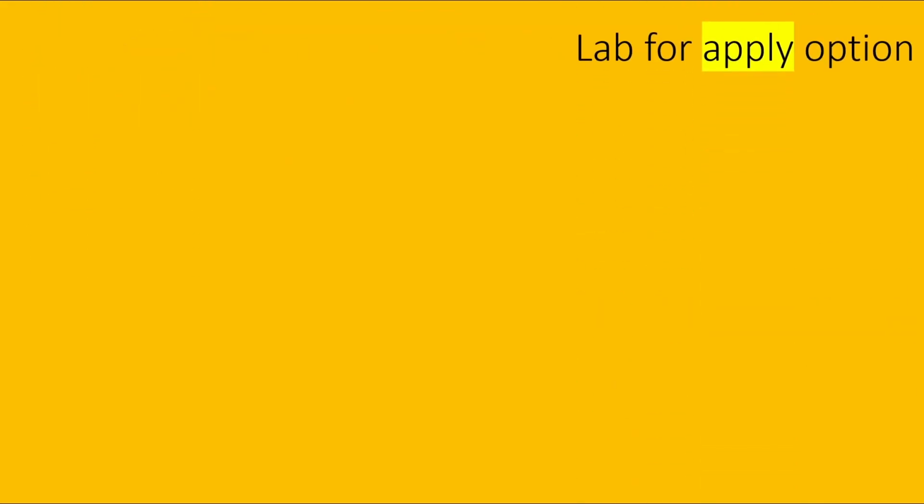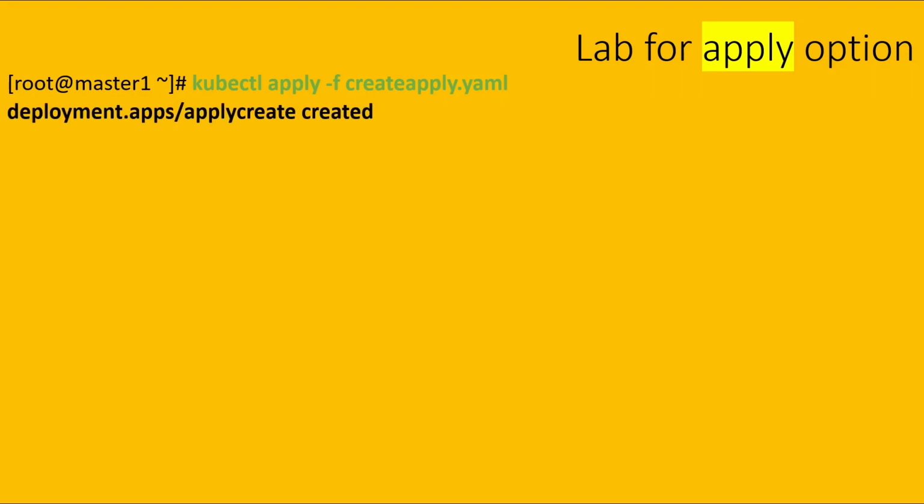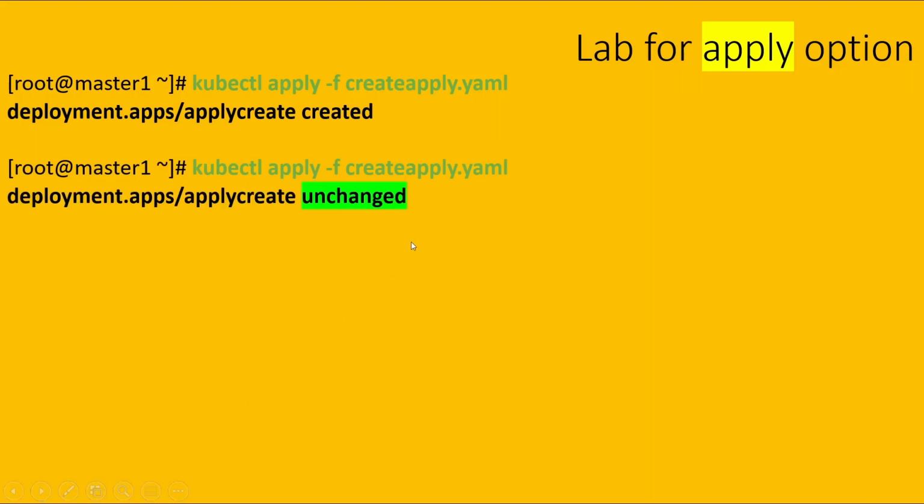In the apply option, if I execute the same command, kubectl apply -f create-apply.yaml, it is created the first time. The second time I execute the same command, I will see "unchanged", so the manifest file is reloaded again in the apply option.